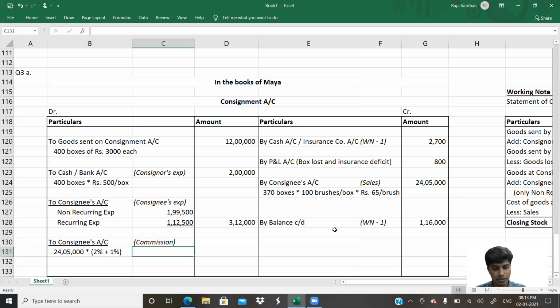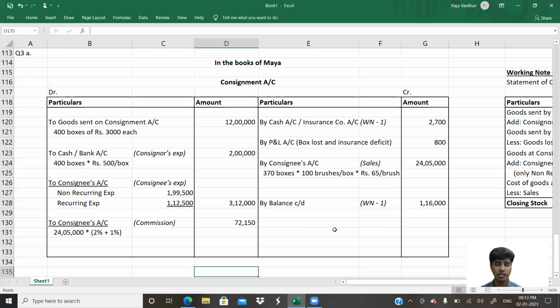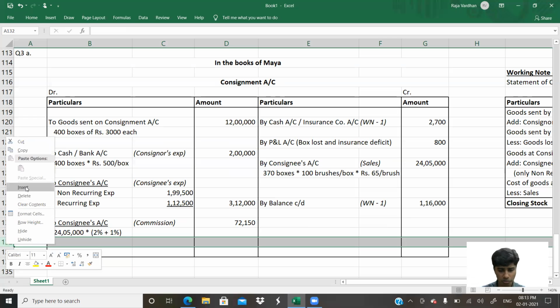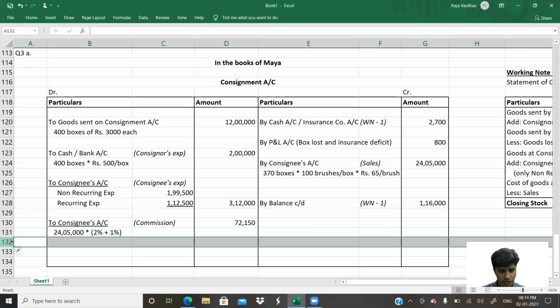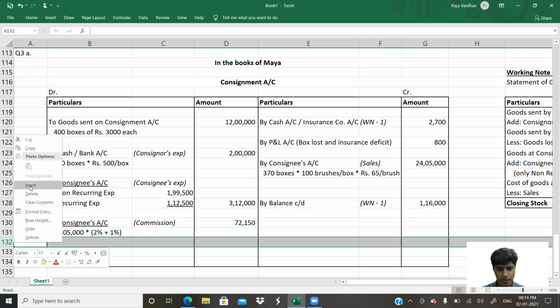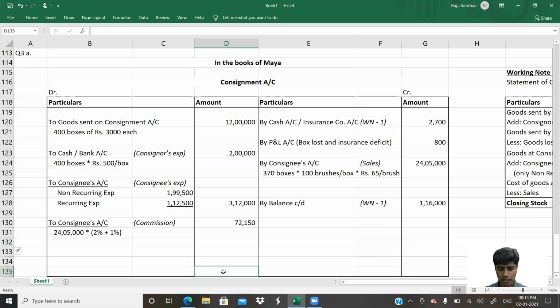So totally it is 3%. That's how we compute. 24 lakh 5,000 multiplied by 3%. 72,150 is our commission. So I'll just add another column or two so that we will have enough place to write the totals.